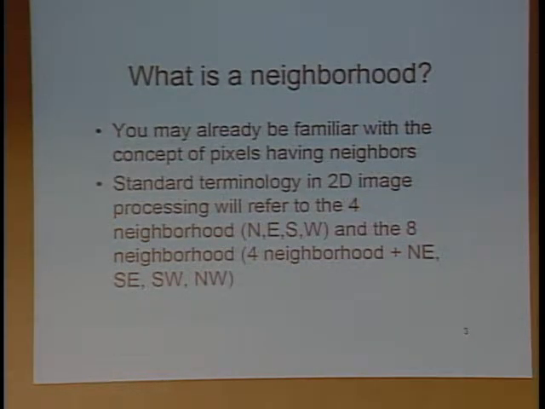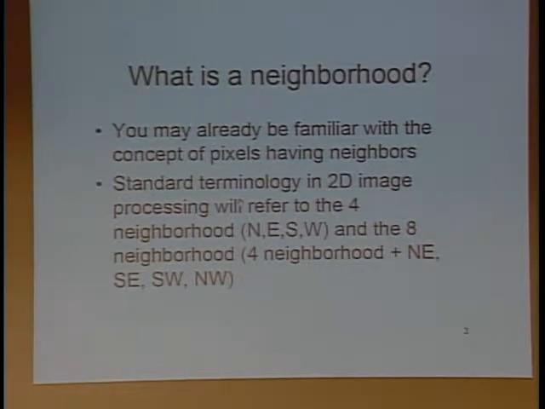As you have learned about using Gaussian filter to do smoothing, you may be familiar with the concept of neighbors of pixels. Generally speaking, the neighbors of pixels are the pixels which are spatially adjacent to a given pixel.